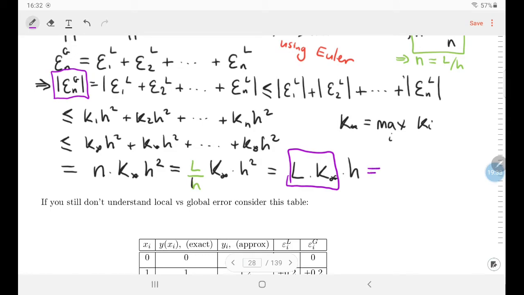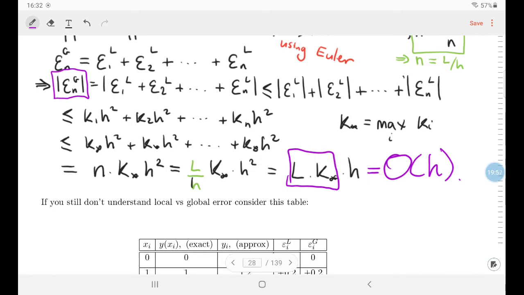So what does that mean? The global error is of order h. While the local errors are order h squared, so you can make them smaller. Like if you want to quarter them, you can halve the step size. But the problem is when you halve the step size, you've got twice as many steps. And so even though you're reducing the local errors, there are way more of them.